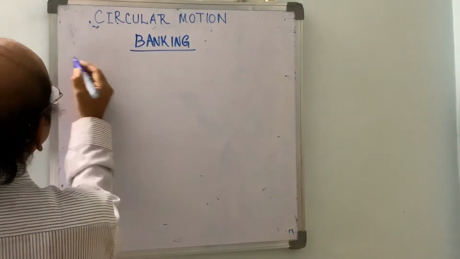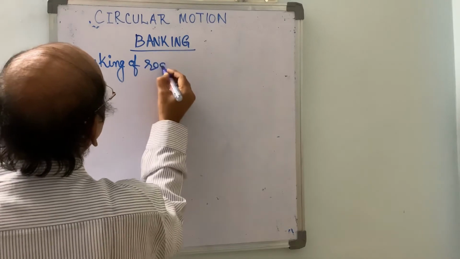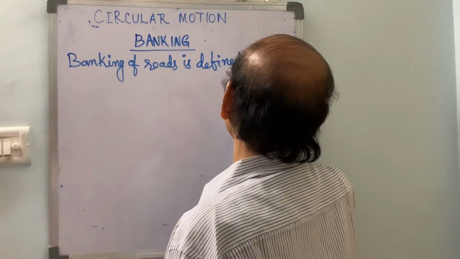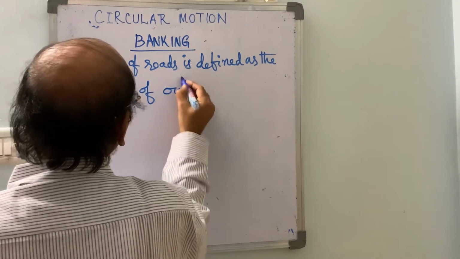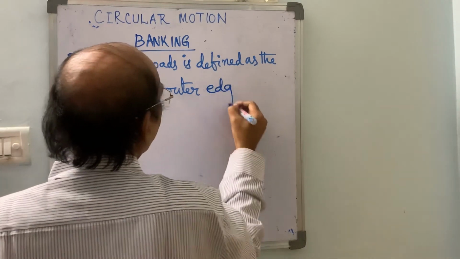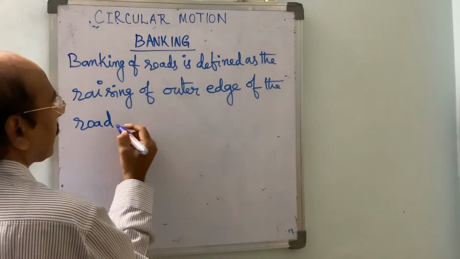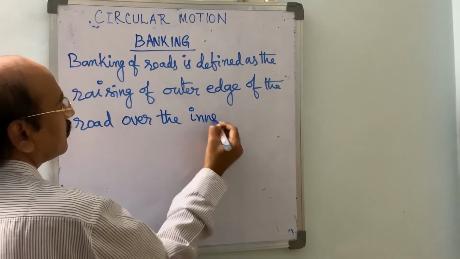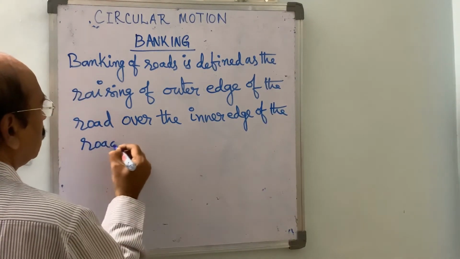So banking of roads is defined as the raising of the outer edge of the road over the inner edge to avoid skidding.